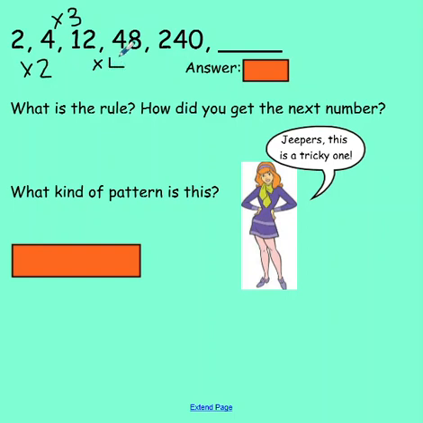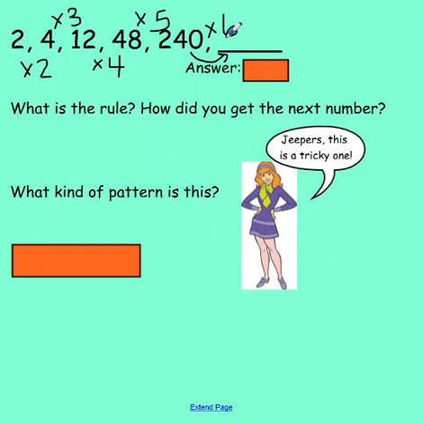I'll give you a hint. It's times 4. Okay, so if I have times 2, times 3, times 4, what do you think this one is? We're talking patterns here. Times 2, times 3, times 4, times 5. And this one, to get this answer, I multiply 240 times 6.